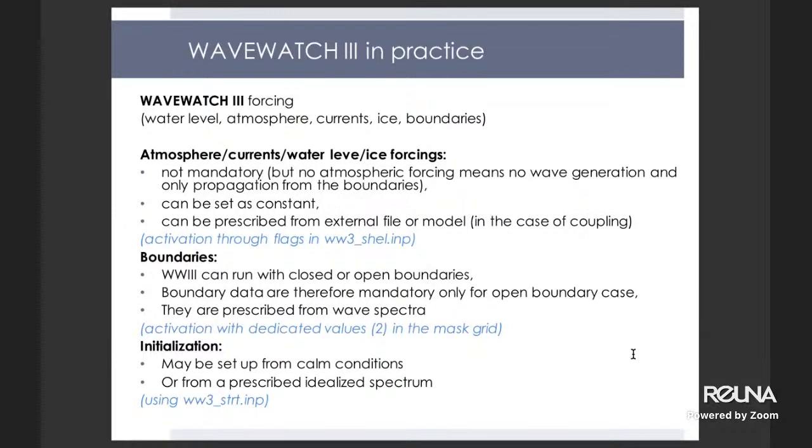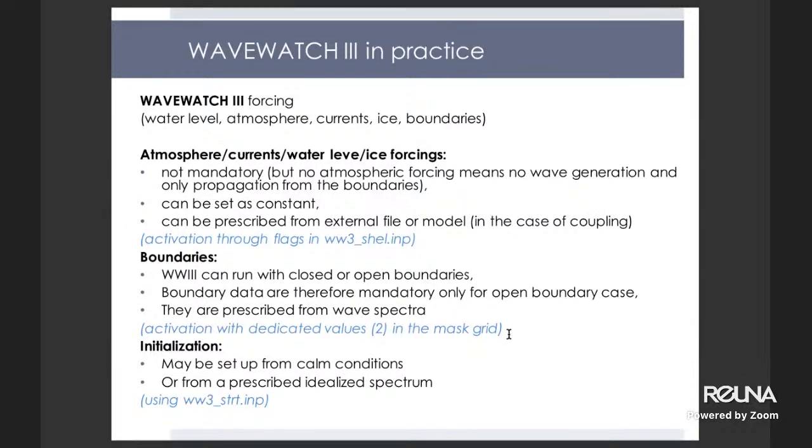You can set these forcings as constant. It's an option when you want to do some idealized experiment, it can be useful. And you can prescribe realistic fields from external files or from another model in the case of coupling.